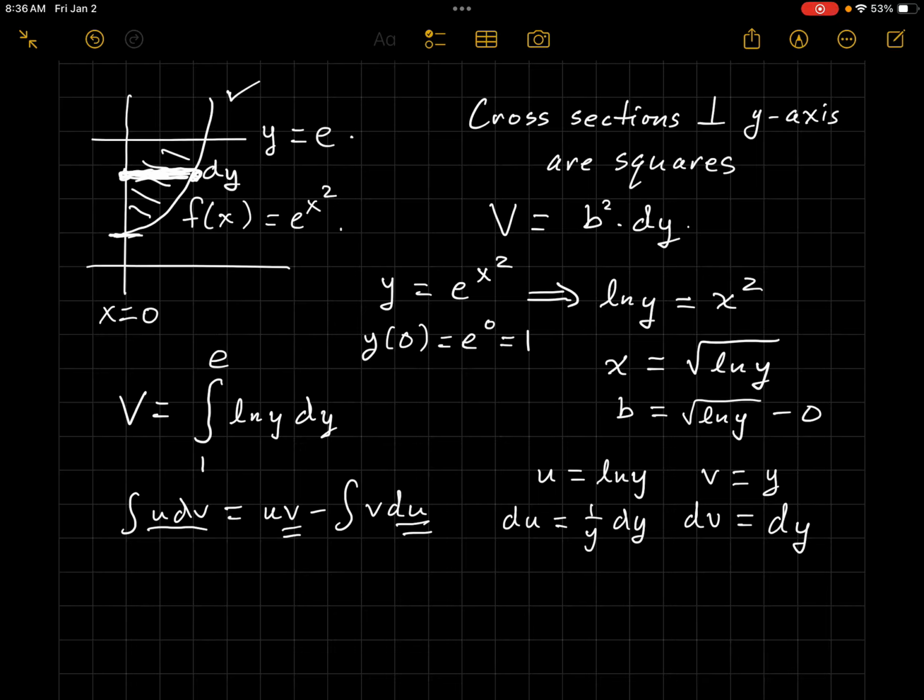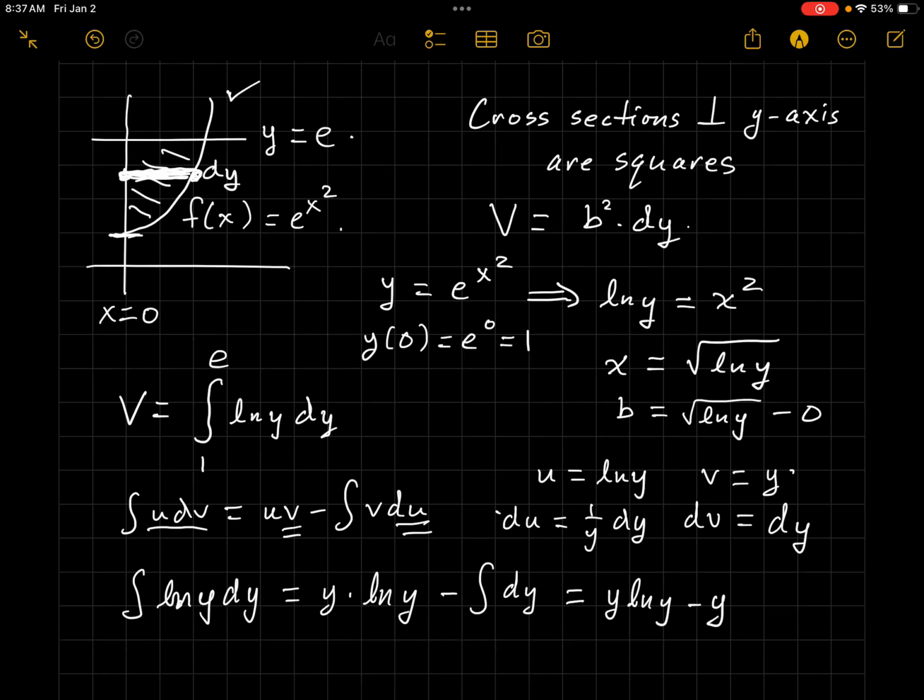And then we can plug in the natural log of y dy equals u times v, and I'll rewrite it as v times u just because I like it this way a little bit better, minus the integral of v times du, which is just dy. And I'll put the limits on at the end. So the integral of natural log dy equals y times natural log of y minus y.